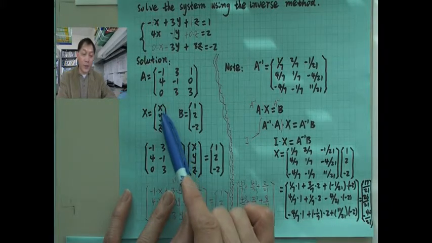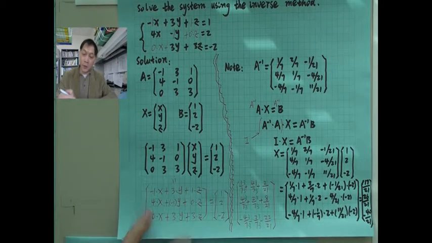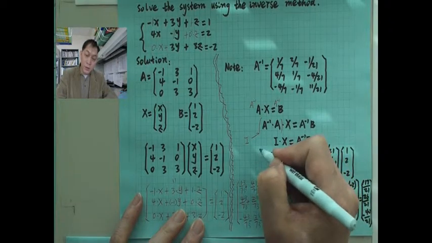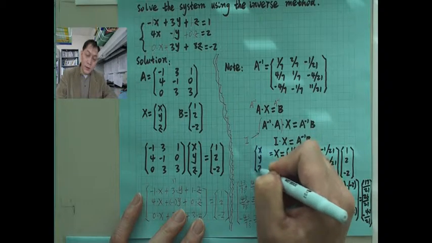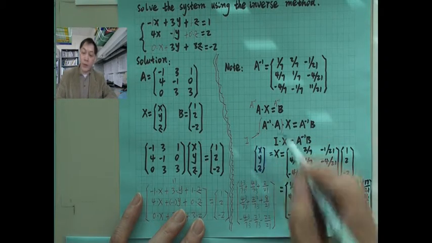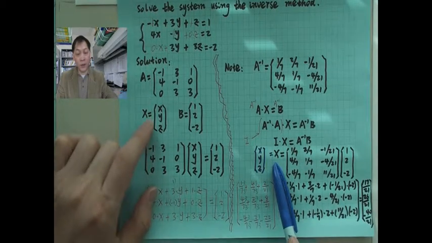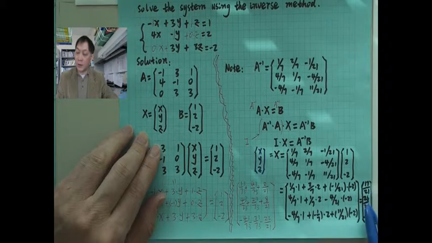Our x was x, y, z. So you probably want to put here x, y, z, because x is x, y, z. So x ends up with this.